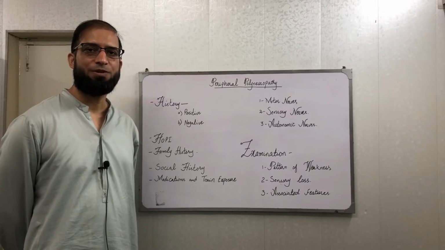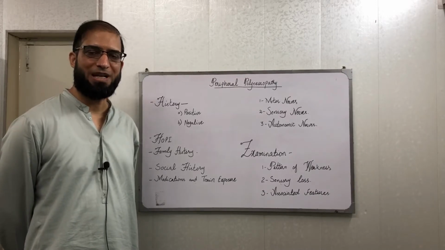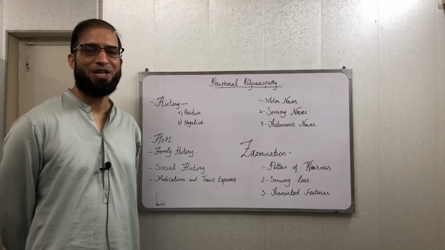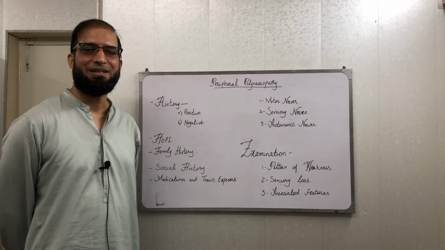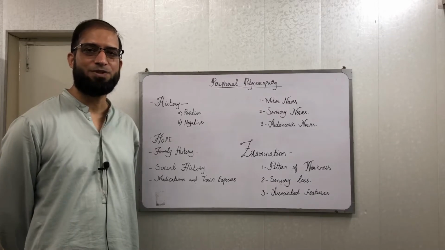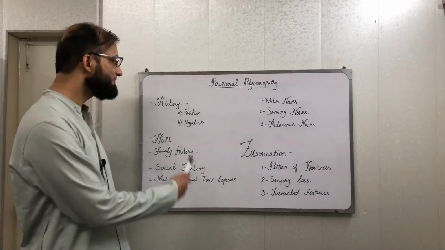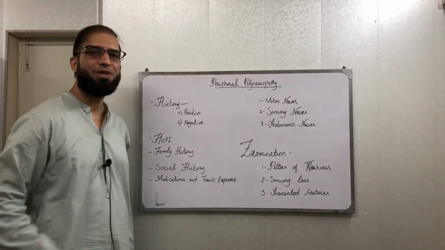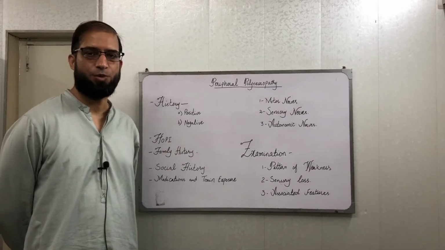But the most important thing we need to understand at the start of the history, as the patient starts giving us detail, besides knowing the age and the gender of the patient, is whether the patient has positive symptoms or negative symptoms. So, positive sensory and positive motor symptoms.